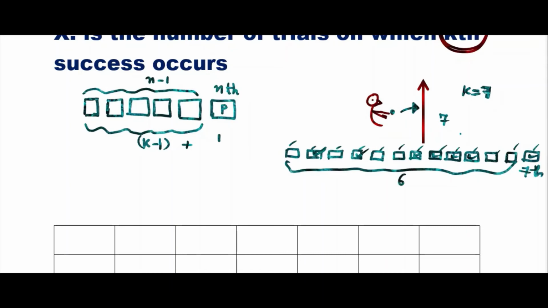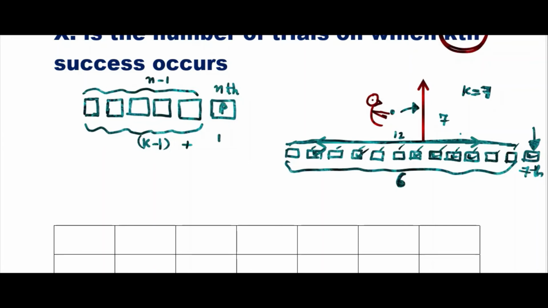So when I said I stopped here in 13 trials, that means I must have got 6 in 12 trials, and I got the 7th one here. This is a must. To stop, this is a must. So I've written P, and you have to achieve this.